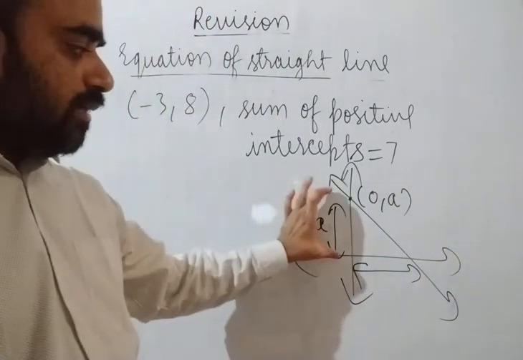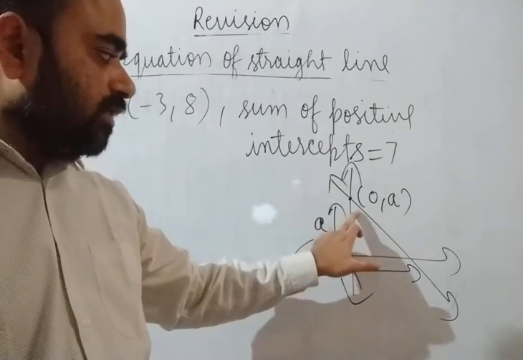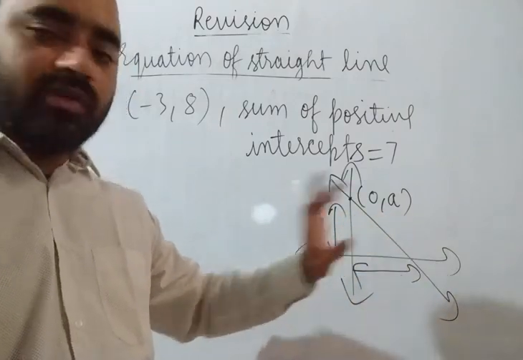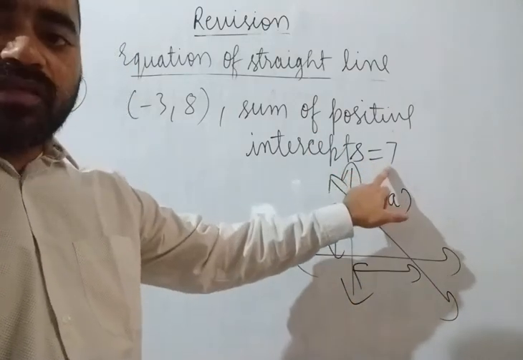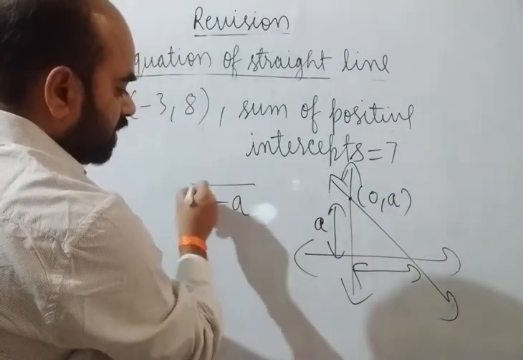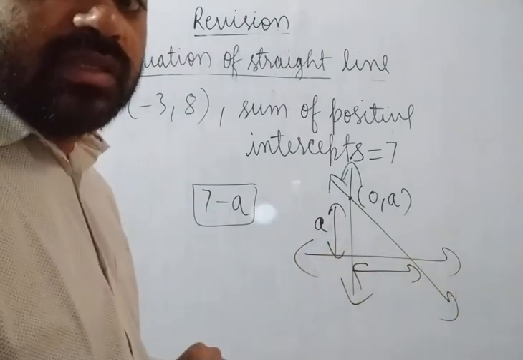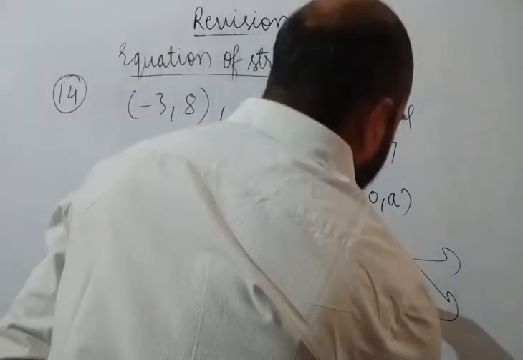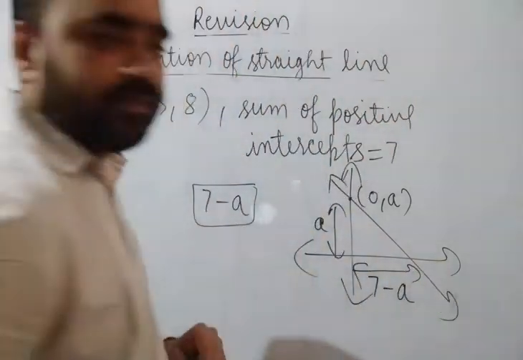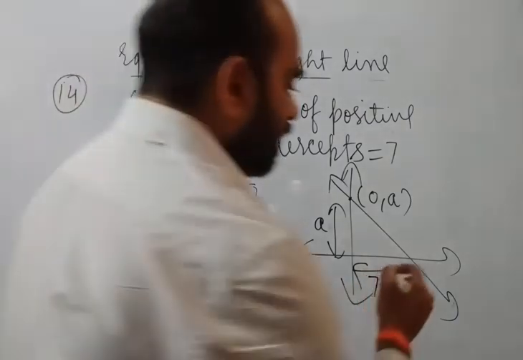If the intercept made by the line on the y-axis is a, the corresponding point on the y-axis will be (0, a). Now the sum is 7, and this is a, so the remaining intercept will be 7 minus a.